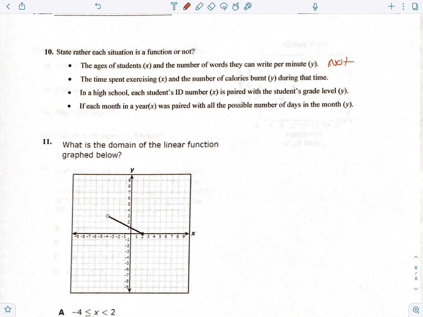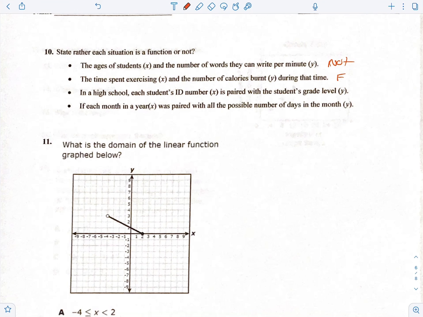The time spent exercising and the number of calories burnt during that time. The calories burnt does depend on time. And if you walk 2 minutes versus 30, you're going to burn different amounts of calories. So the time is not going to repeat. So this is a function.